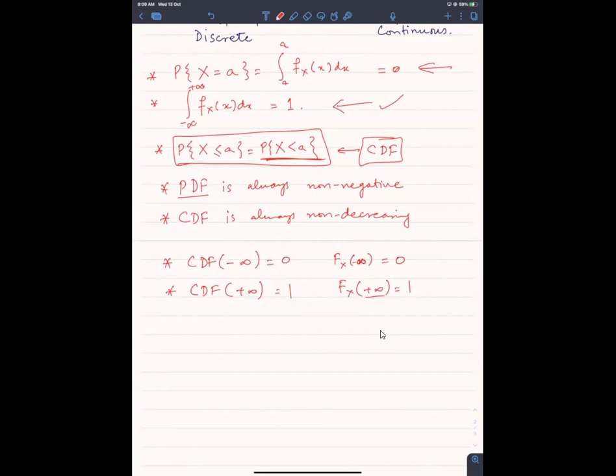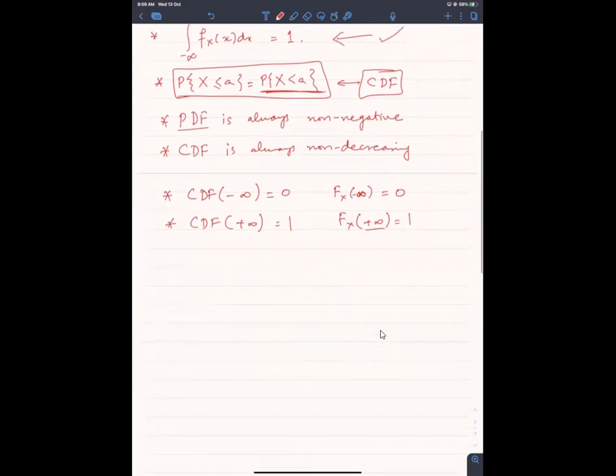Okay. Now, there was a relationship between CDF and PDF as well. You can convert one from the other, just like in the case of PMF, you can get the CDF from PMF.